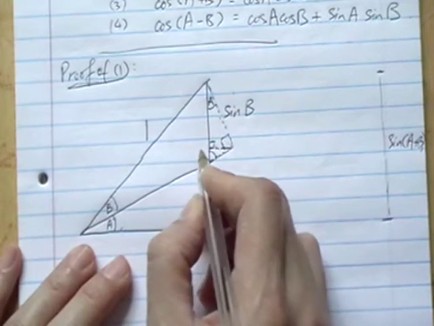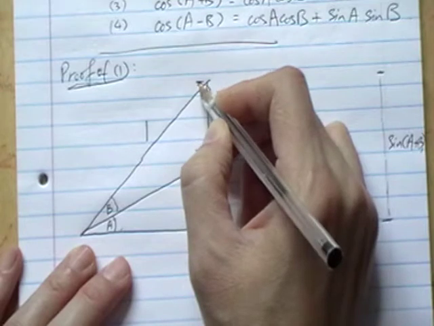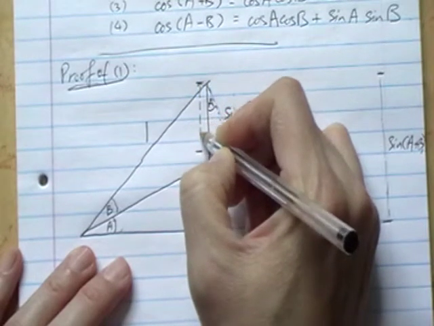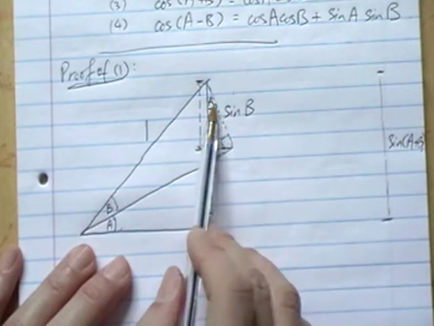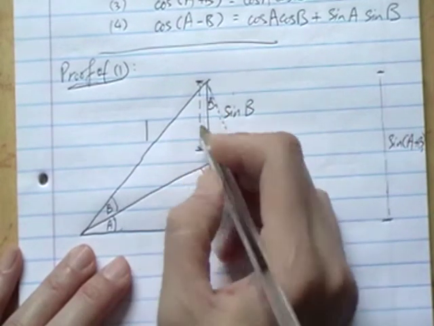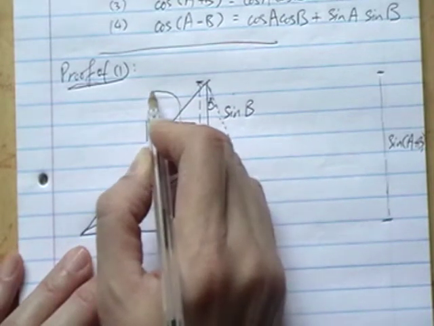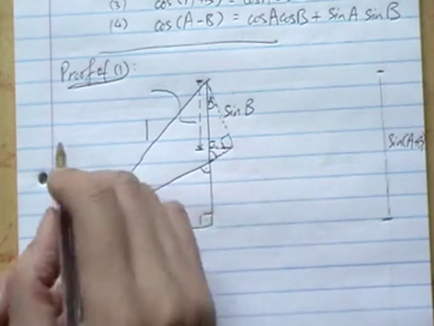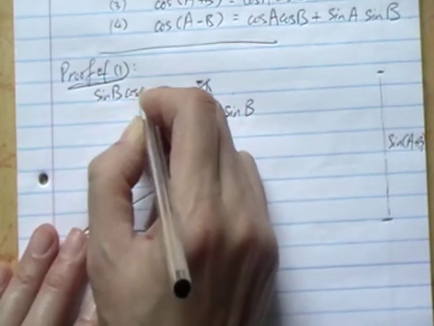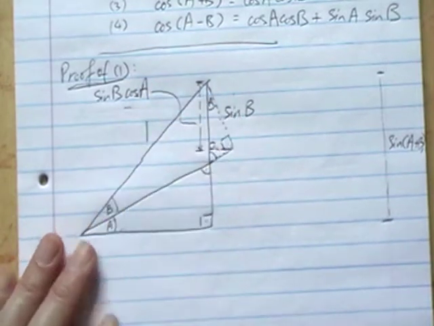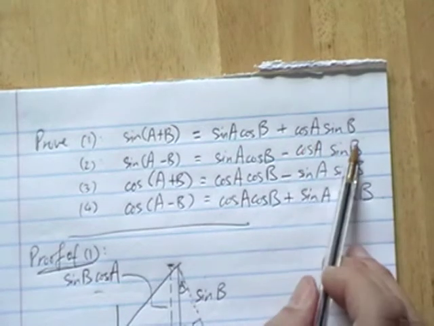And if I do this, I'll find that this length here is in fact sine B times cosine A. I'm going to write it out here before it gets too crowded. Sine B cosine A. So now we actually have a physical meaning for this term.